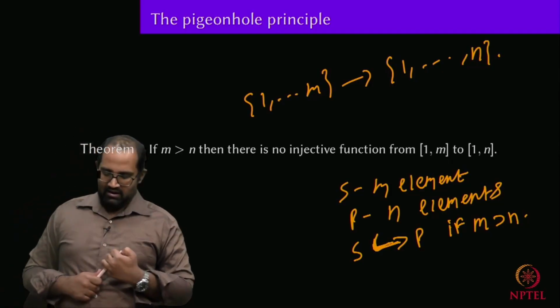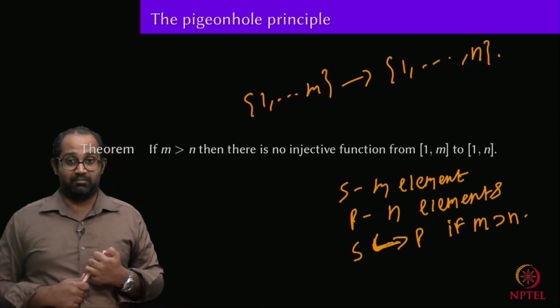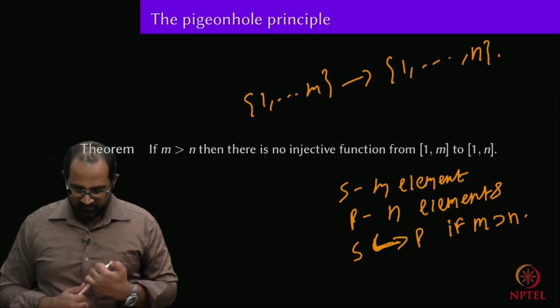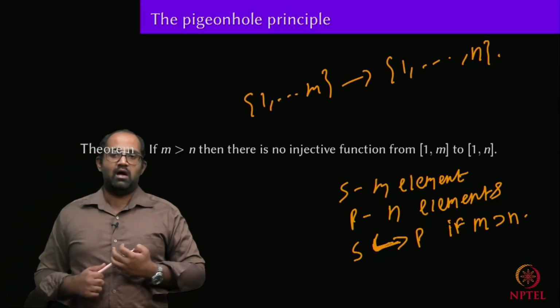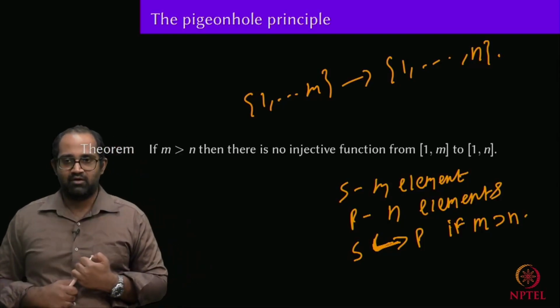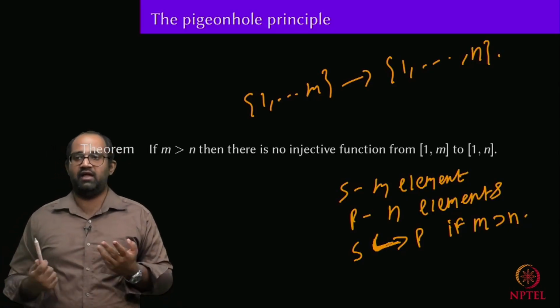Okay. Now there are many amusing applications of the pigeonhole principle. For instance, you can use the pigeonhole principle to actually prove that there are two people in the city of Chennai who have exactly the same number of hair on their head.